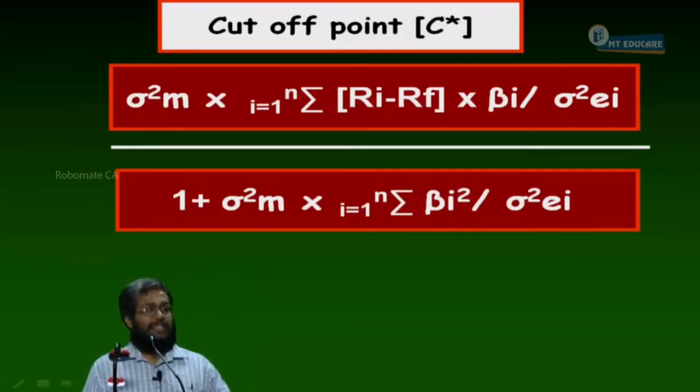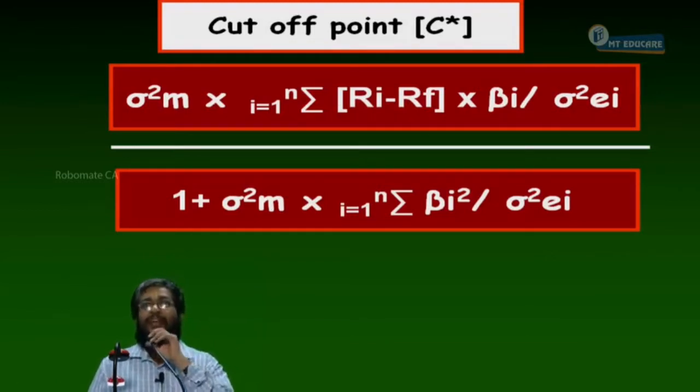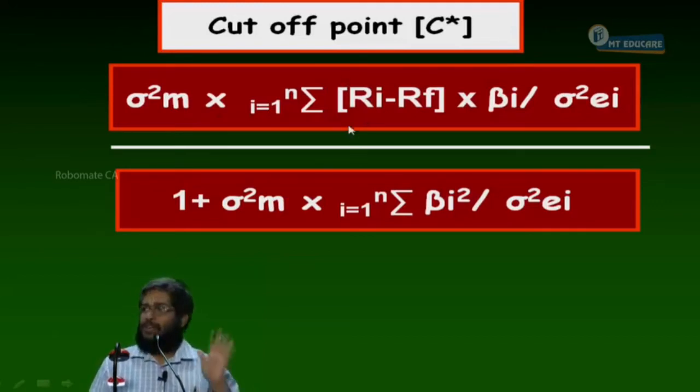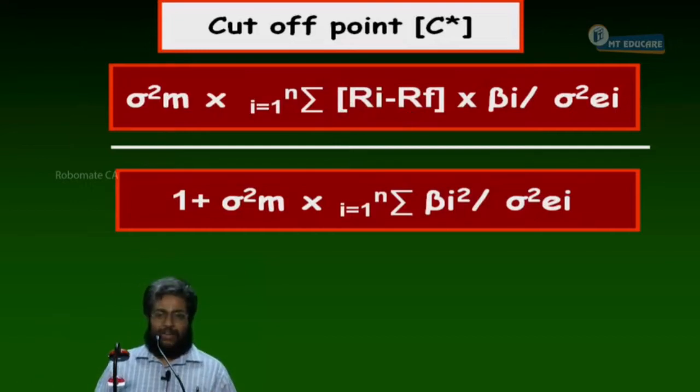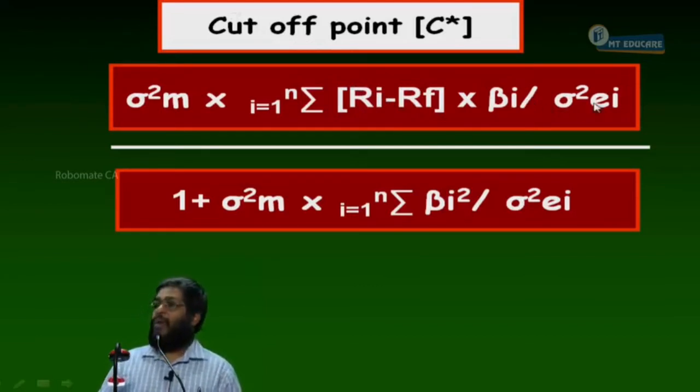We'll learn all this in a simple table later. Just write the formula. Can I proceed or not? It is very simple. Don't think too much. What is sigma squared M? Simply, variance of market. What is the first term? Variance of market into summation of Ri minus Rf, that is, return of security minus risk-free return, into beta of the security divided by sigma squared Ei, the unsystematic risk.